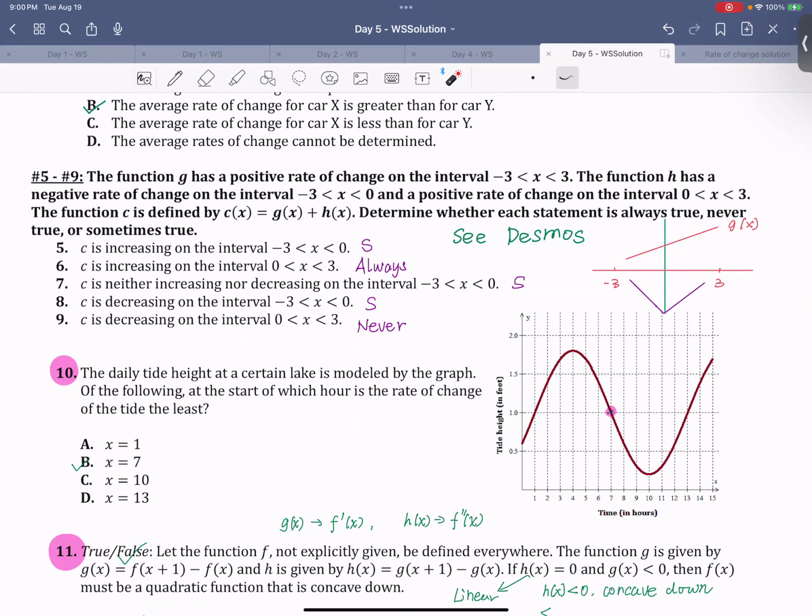And h of x, they have a negative slope on the left, positive slope on the right. And then they ask you, g of x plus this, is it increasing or decreasing, okay?